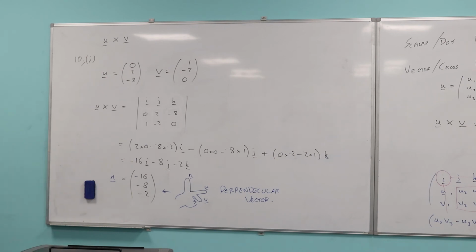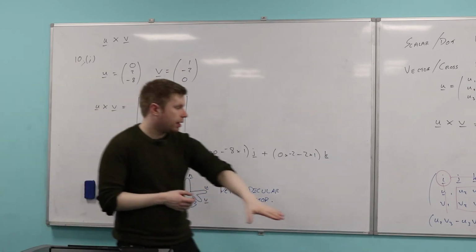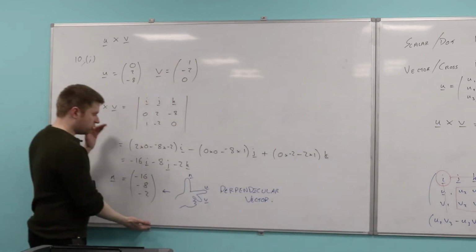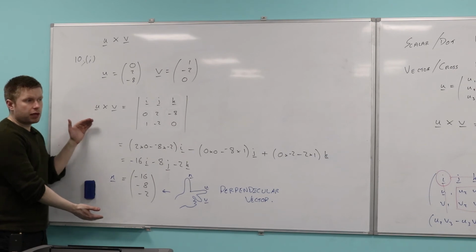But then you have to go up to the section before, and you find that I've given you the formula to work out the determinant of a 3 by 3 matrix. So if I give you a matrix A, B, C, D, E, F, G, H, I, then the determinant of that matrix should be equal to that. So I have given you the formula, but you have to do a bit of work to find it. So A cross B is equal to that, and then you can stick the relevant thing in the right place to get this formula down here. But I personally think that's much harder than just doing this. So make sure you practice with that.